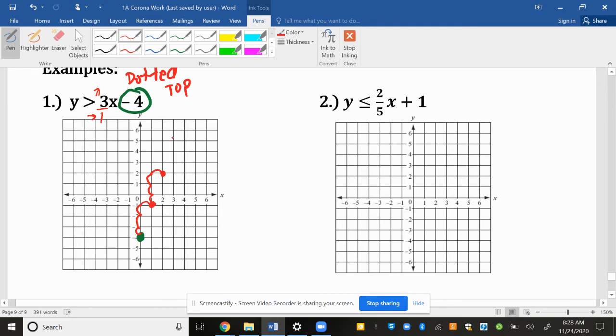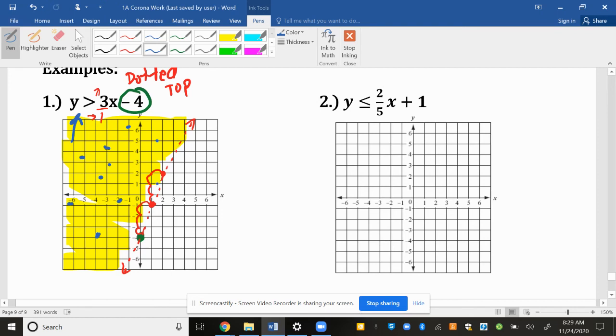I wrote down that this is a dotted line, so I'm going to draw a dotted line. And I know I'm going to have to shade the top, so I'm going to use my highlighter tool. These are all the solutions to the inequality. Any dot that lands in this shaded area would work in that equation. It would be true. It's a solution.